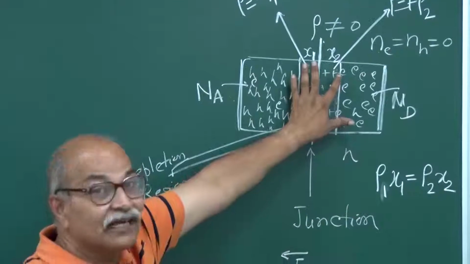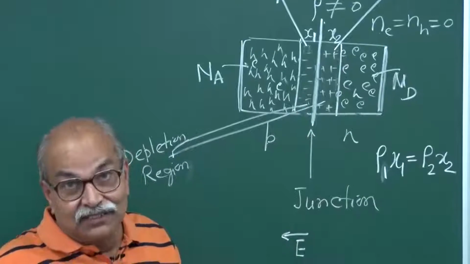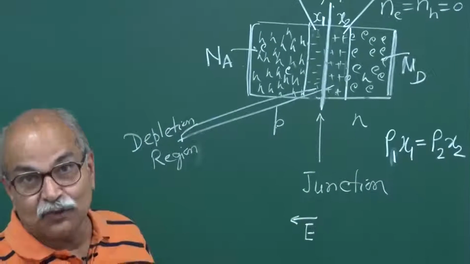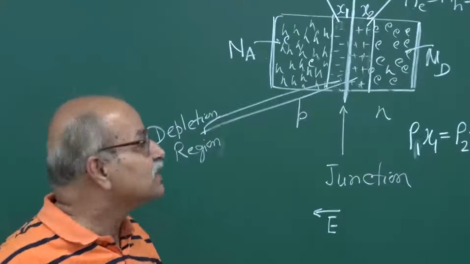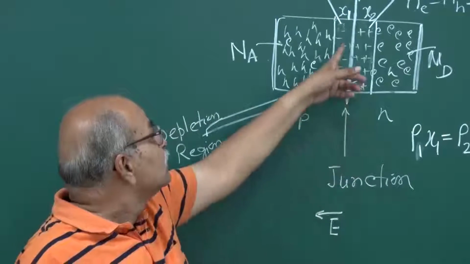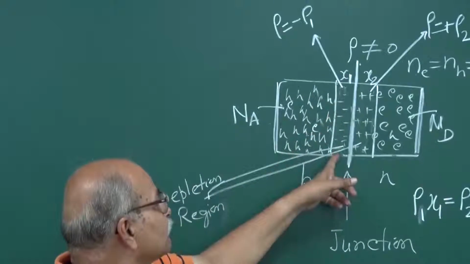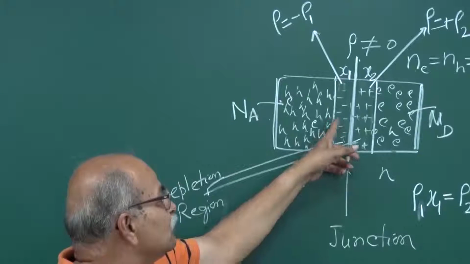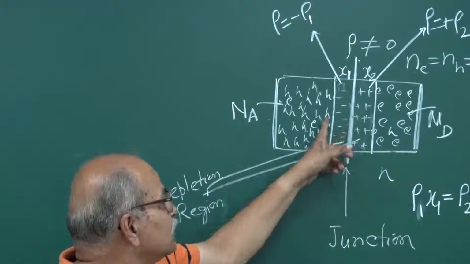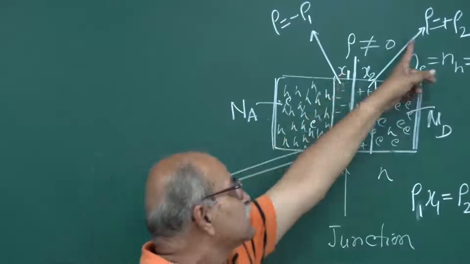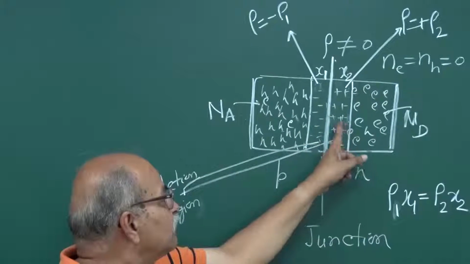Everything is neutral. It's only migration of electrons and holes from this side to that side and so on. So the total charge must be 0. So if this is say minus rho 1, and assume that it is uniform in this width x1, and this is plus rho 2, which is uniform in this width x2.